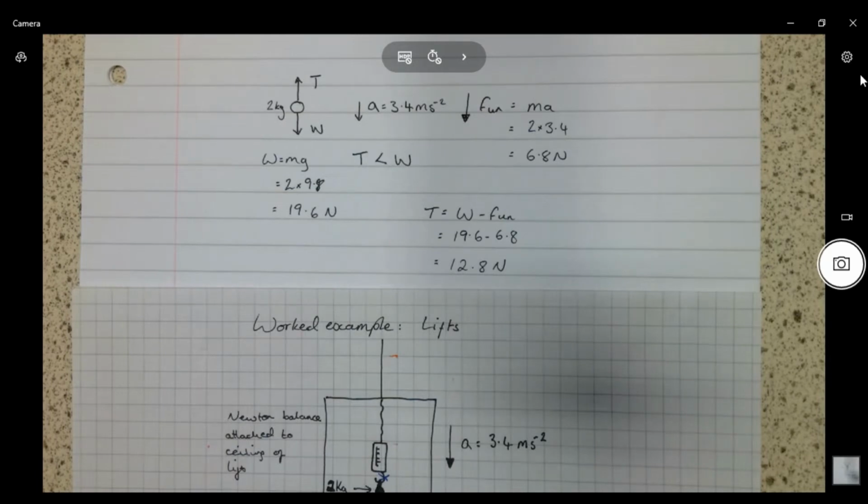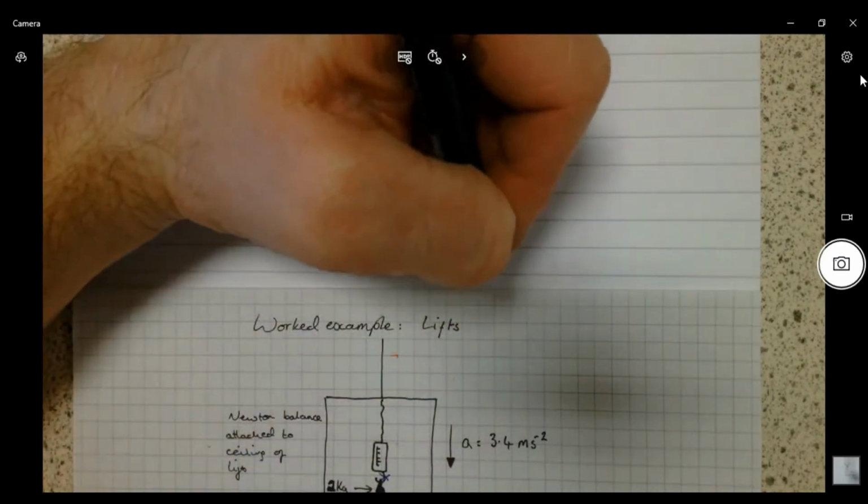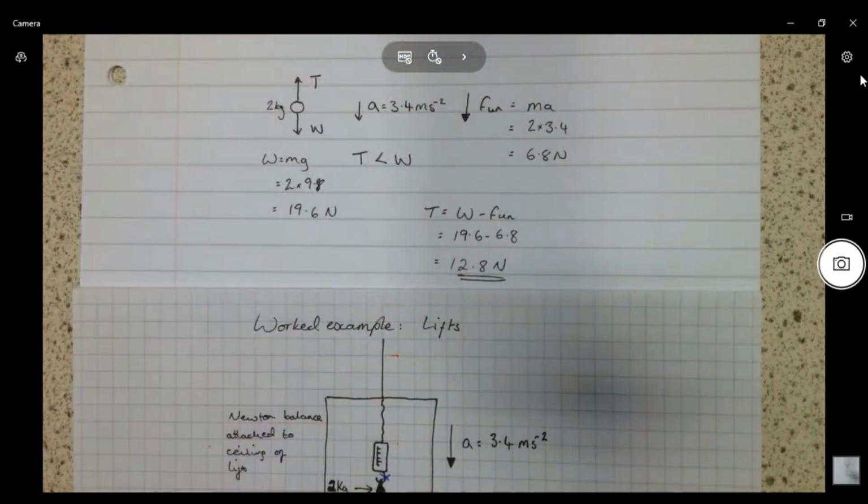T is tension. So the reading on the Newton balance will be 12.8 newtons.